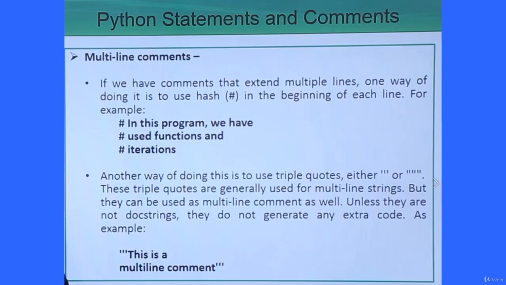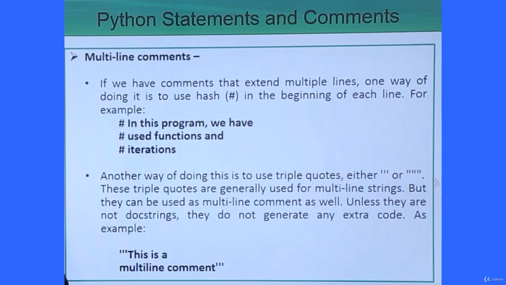Another way of doing this is to use triple quotes, either single quotes or double quotes three times. These triple quotes are generally used for multi-line strings, but they can be used as multi-line comments as well, unless they are docstrings. What a docstring is will come in the next slide. And they do not generate any extra code.